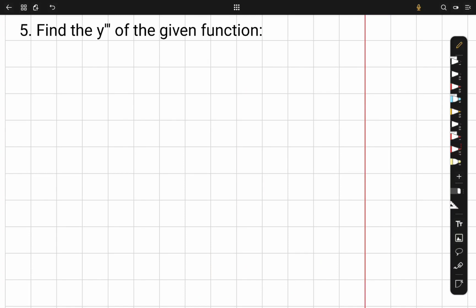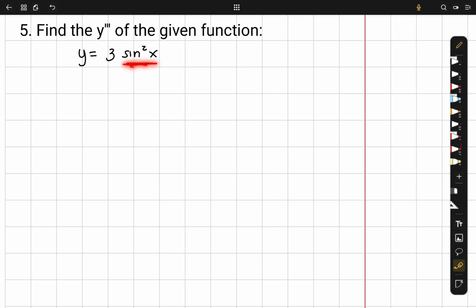Let's have our last example for this topic, which is yung ating higher order derivative. So we have the function y is equal to 3 sine squared x. So papansinin nyo yung ating given, yung trigonometric natin is naka-raise siya sa 2.